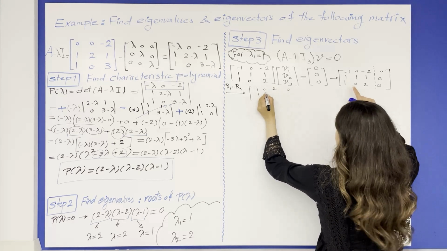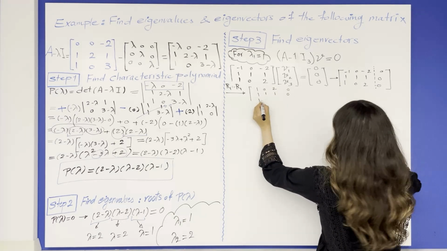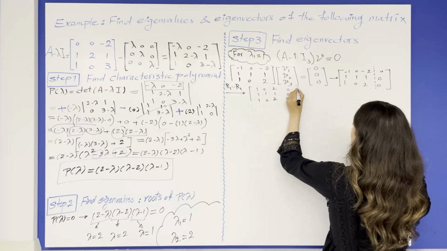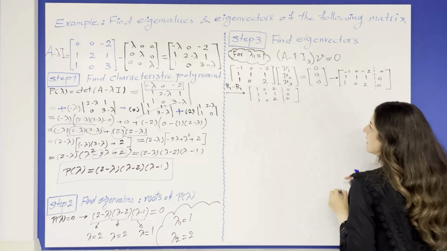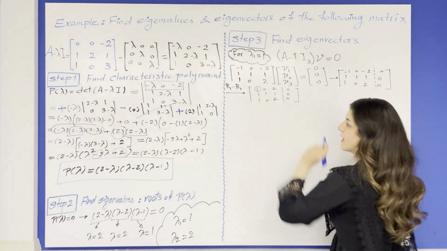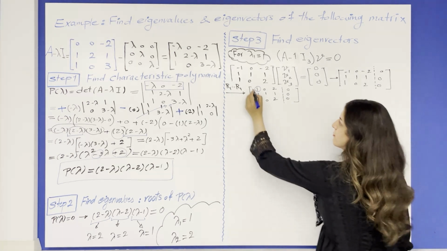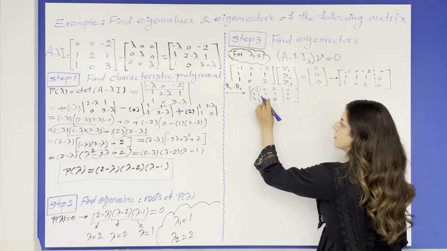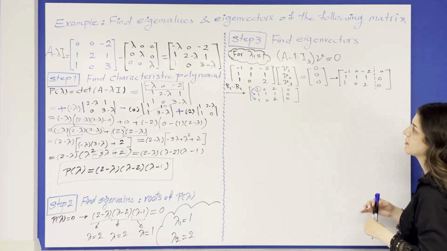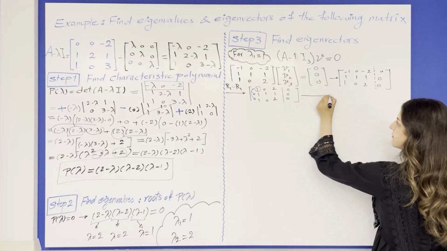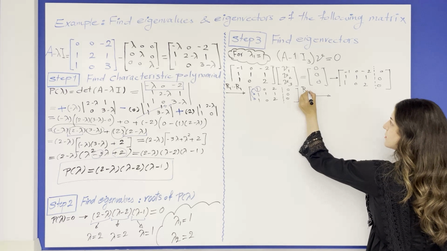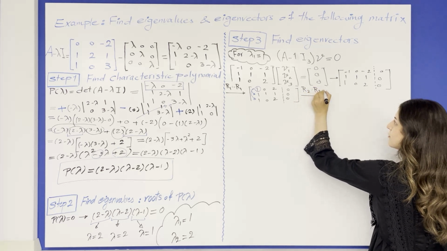I just rewrite row 2 and row 3. Okay, now that I have this as 1, I can use it to make the entries under it to be 0. So I use replacement. Replace row 2 with row 2 minus row 1.